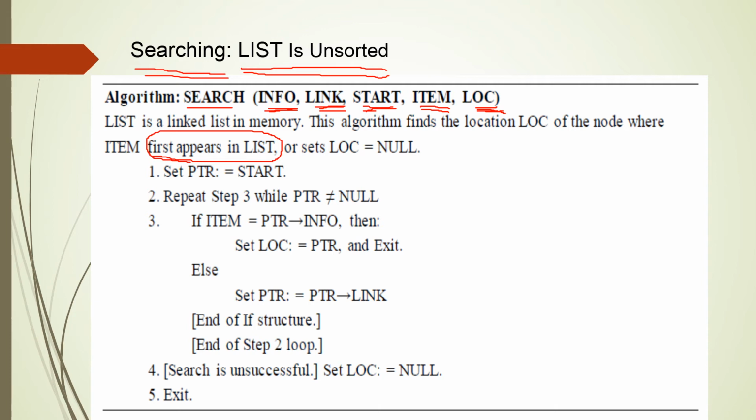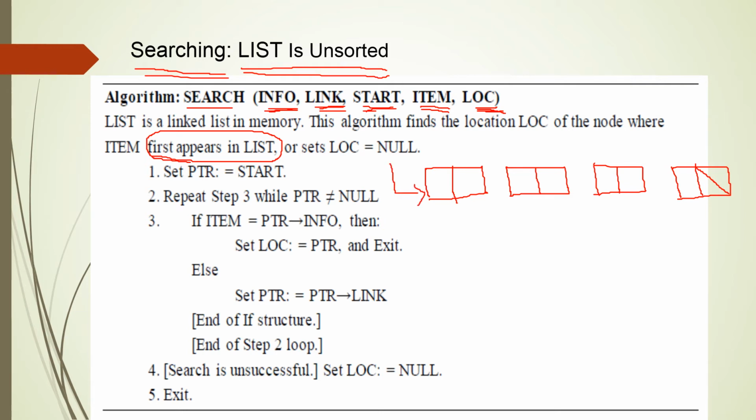So let us take one simple example with a linked list of 4 nodes. Let us assume that this is the existing linked list in memory which consists of 4 nodes, and the link field of the last node always holds the value null, and here the variable start is pointing to the first node, and let us assume that the elements are 10, 20, 30 and 40.